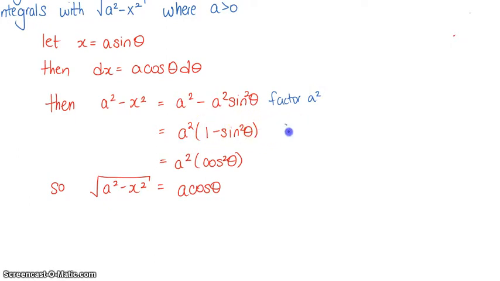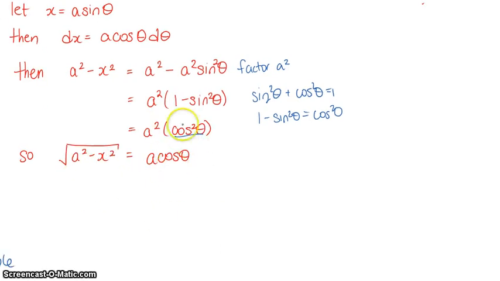And we know that since sine squared theta plus cos squared theta equals 1, we can rearrange that so that 1 minus sine squared theta is going to equal cos squared theta. So we can replace that here. Then we take the square root of this entire thing, and we're going to get a cos theta.